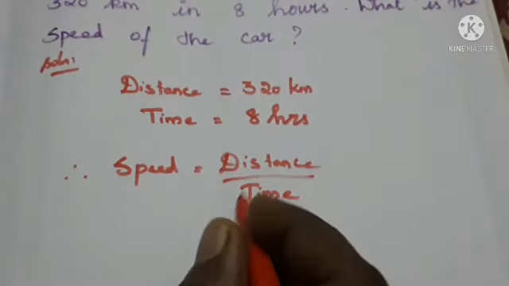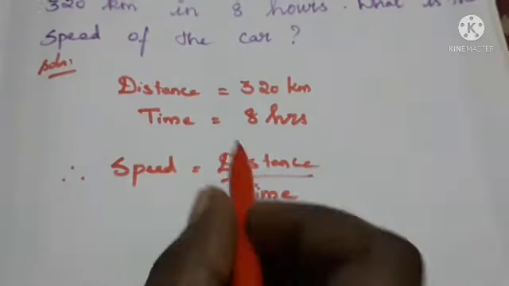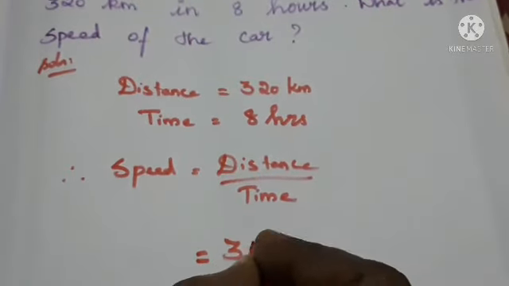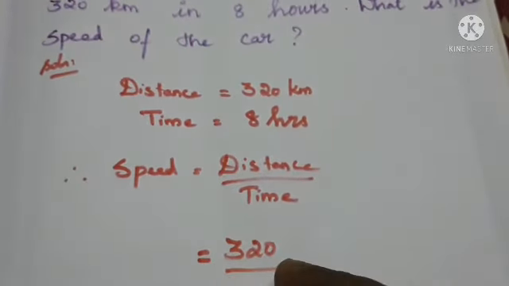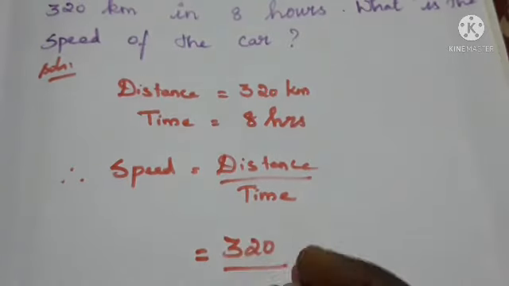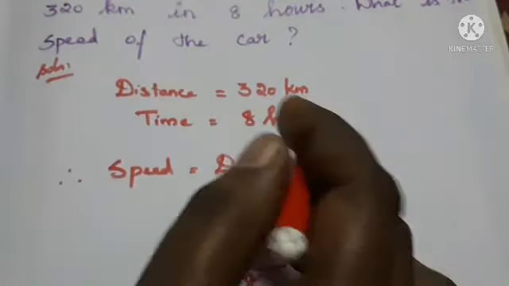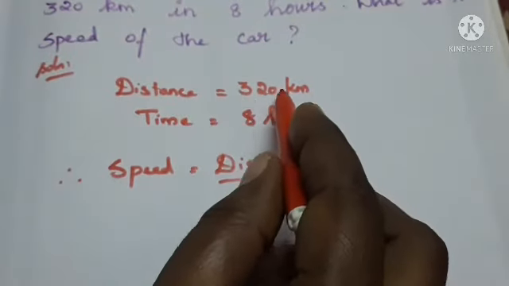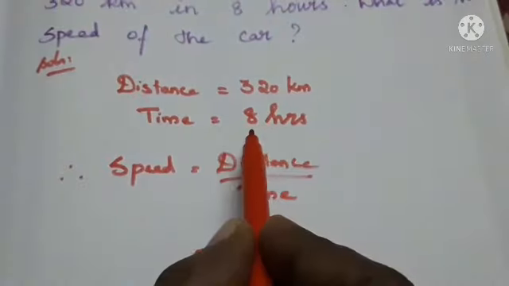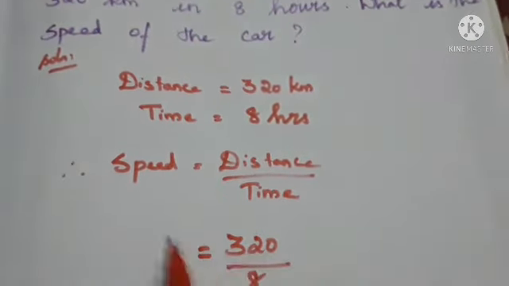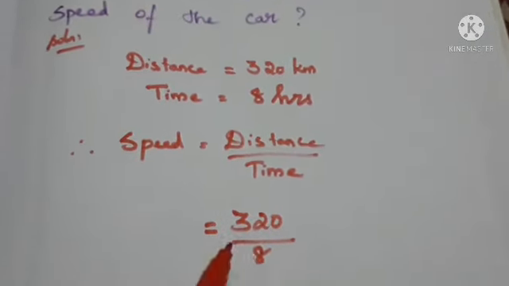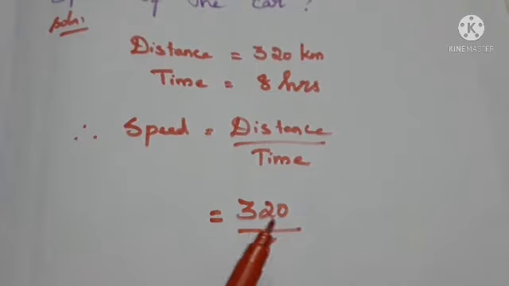Speed is equal to 320 by 8. No need to write the units, just the numbers, 320 by 8.